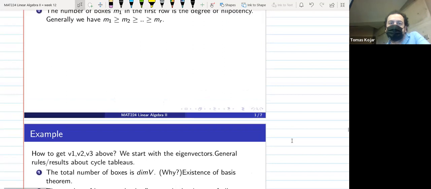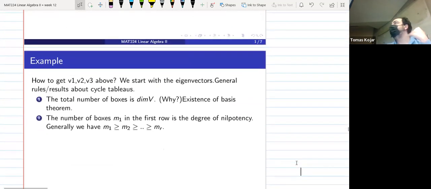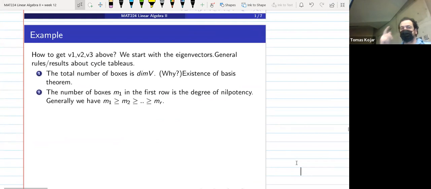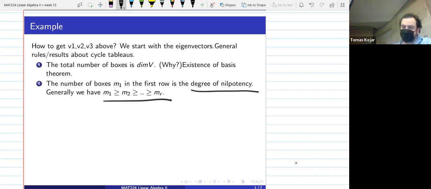All right. So I'm just listing the facts that you're allowed to use freely, from class, because they all follow from the basis theorem that we can prove. First row is degree of nilpotency, and then we order them in decreasing length.